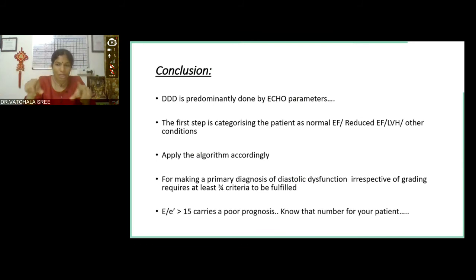Once you do this, choose your algorithms, memorize the numbers, have it in your protocol, try to fit the numbers and see whether the patient has diastolic dysfunction or not. Once they have diastolic dysfunction, try to grade them. And once you know the E by E dash number, if someone has a higher number, aim your treatment according to the E by E dash average number.